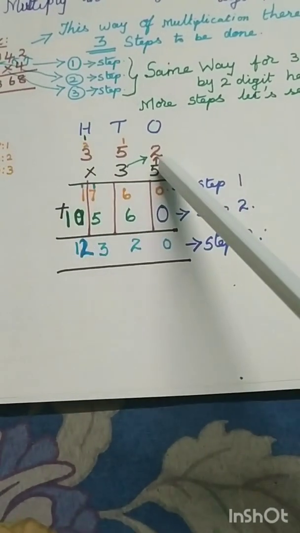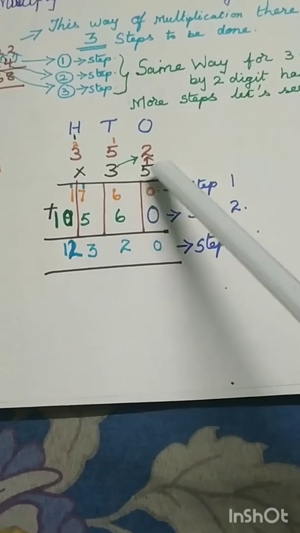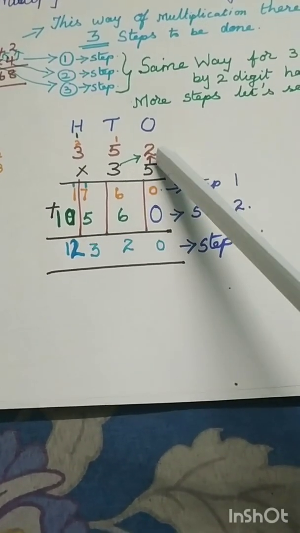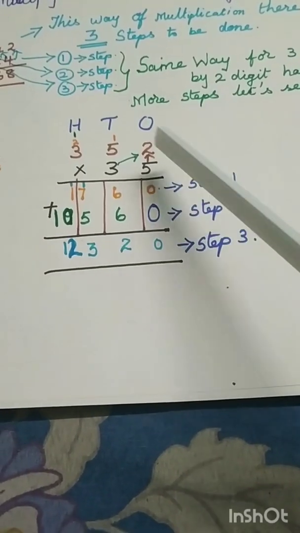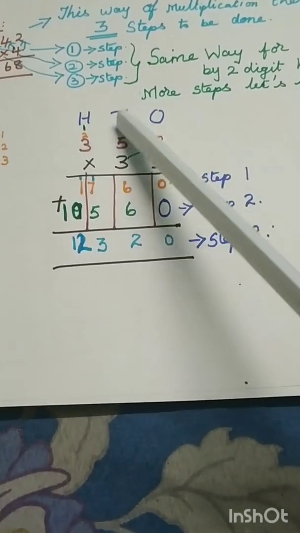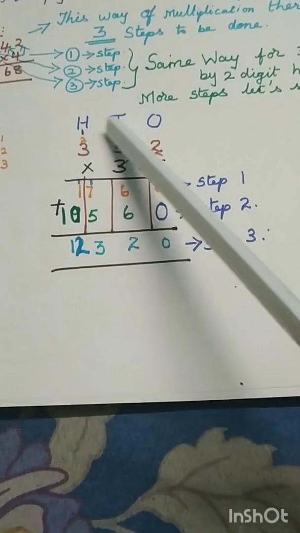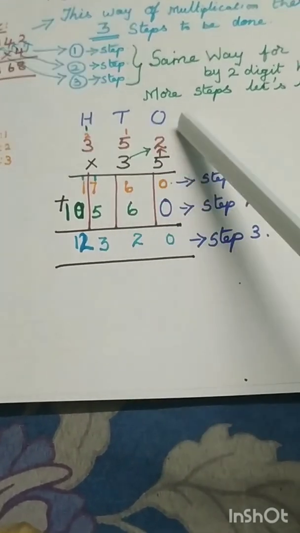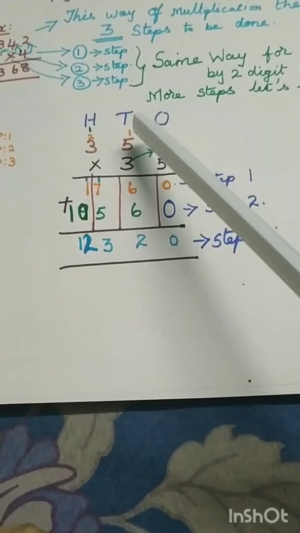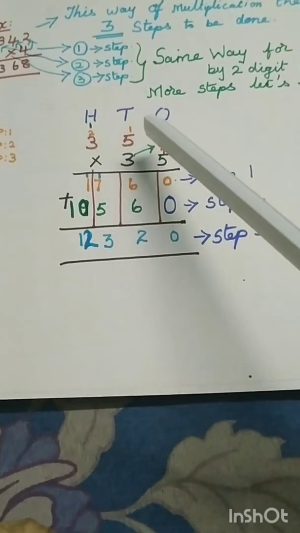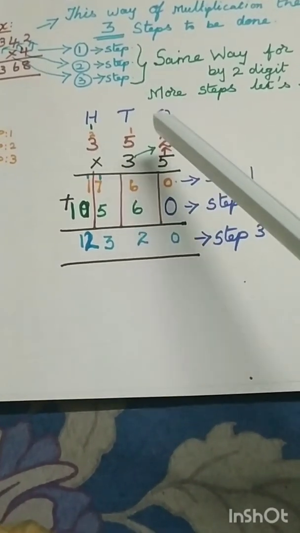This first step is multiply 5 into 2. 5 2s are 10. So put 0 here, carry 1 for the tens place. Always leave some gap above the place value so that you can carry over and do the multiplication neatly and correctly.